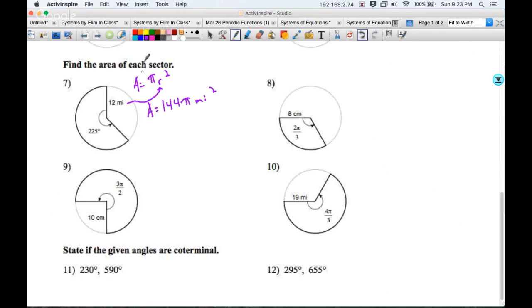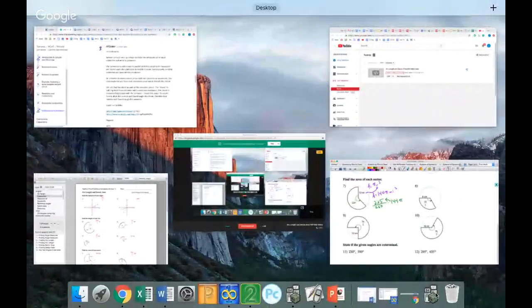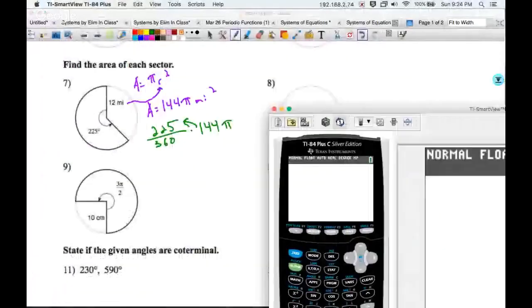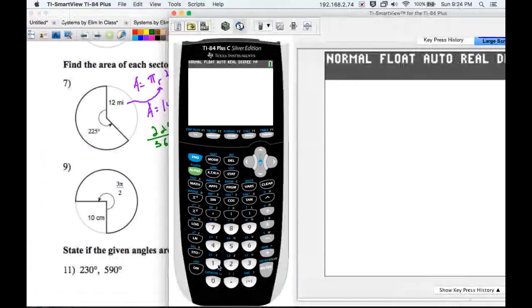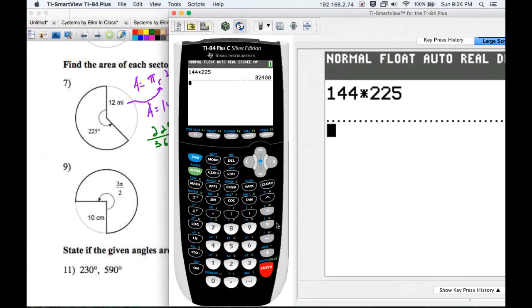Now, what percent of that circle is filled in? Well, it's 225 out of 360. So I'm going to multiply 225 over 360 times 144 pi miles squared. I'm going to put that 144 up top. I'm going to do this in my calculator. 144 times 225 equals 32,400.